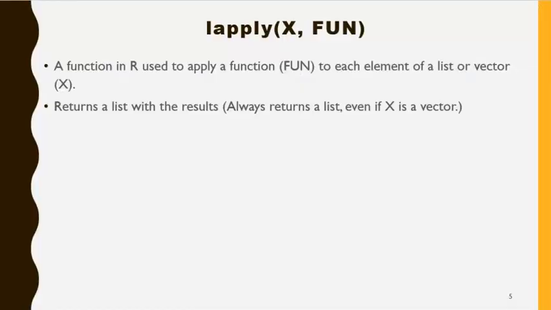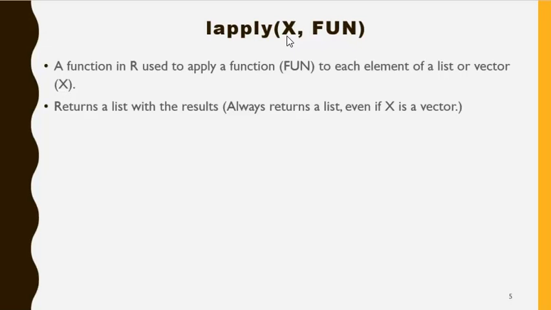Here we have the function lapply. This L means something like loop, because here x is a vector, and with lapply you apply this function to each element of the vector you have.